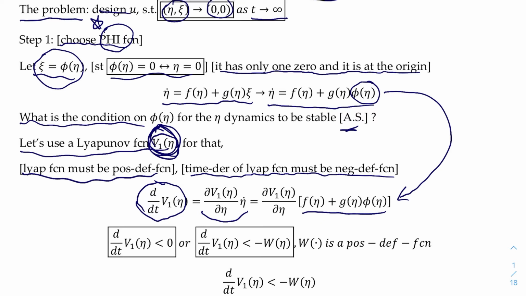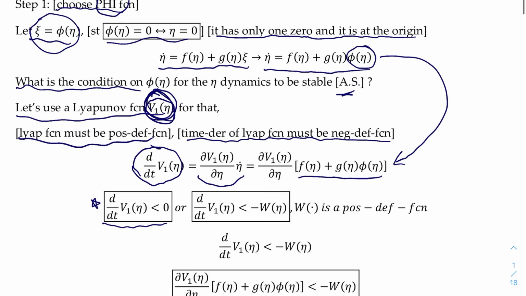And this is the constraint: the time derivative of the Lyapunov function must be negative definite. Or you can also write something like this: the time derivative of the Lyapunov function being less than a negative definite function, or less than minus 1 times a positive definite function of eta, right?